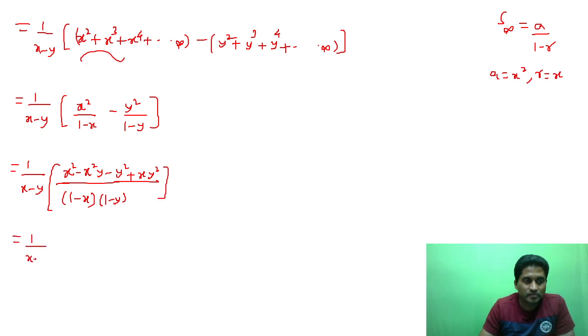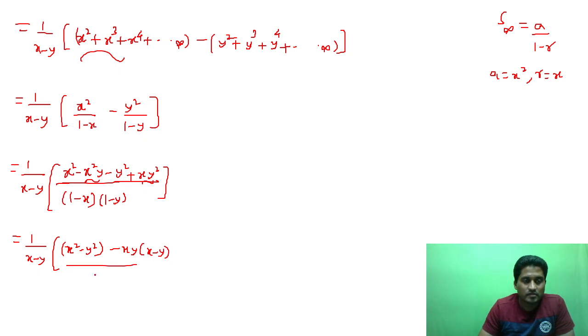1 upon x minus y. This can be written as x square minus y square. Minus between these two terms x square y and xy square, if I take minus xy common, obviously you will get this as x minus y.